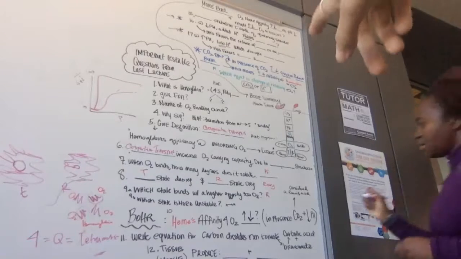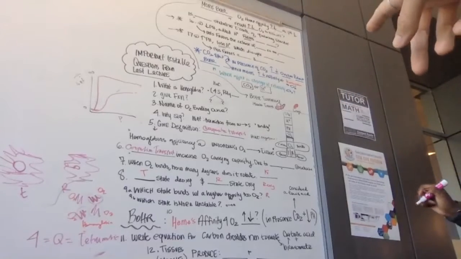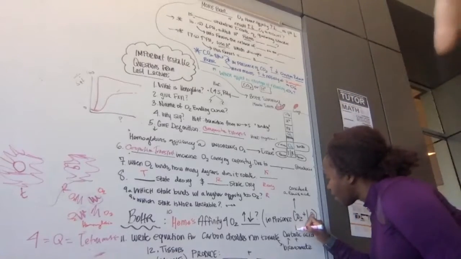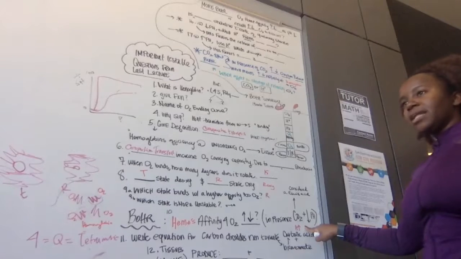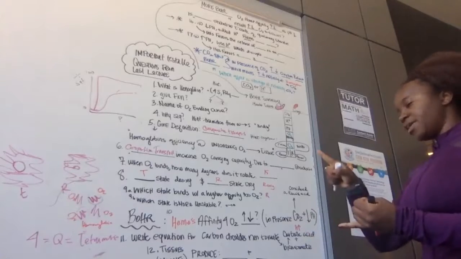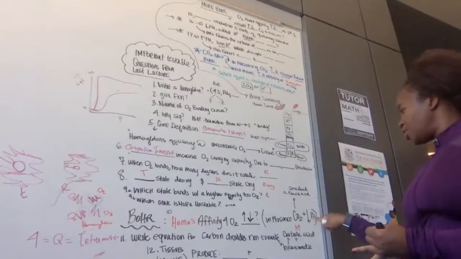I don't know if this will help you, but instead of saying pH decrease, you could say H plus increase, because you're increasing acid. Both of those are going up, so affinity is going down. Whenever you are talking about acidity, whether it's CO2 or addition of hydrogen, you're talking about hydrogen.